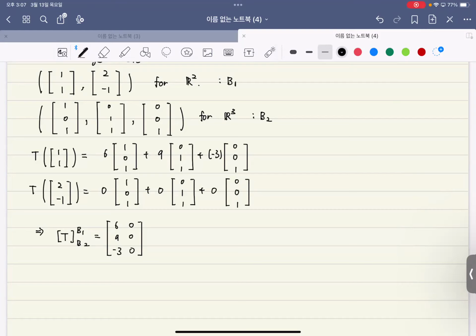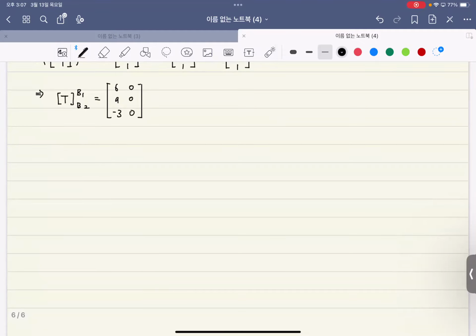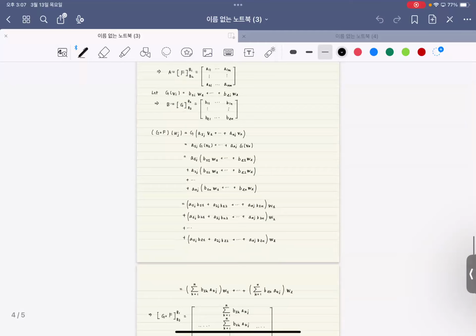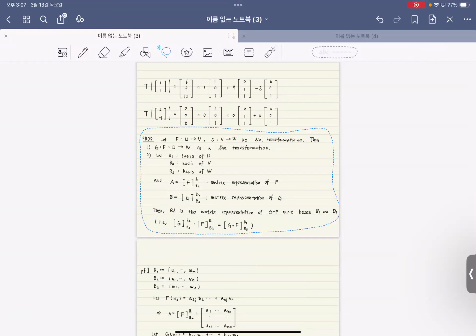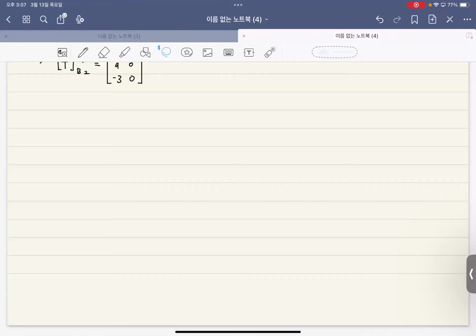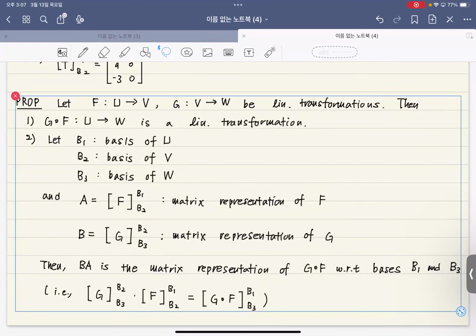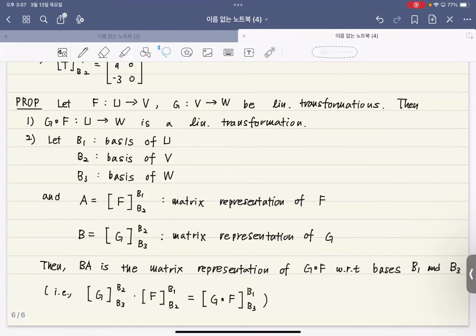All right. So we will not be worrying about the invariant of the matrix for now. However, this last proposition is somehow important, so I will try to introduce it.